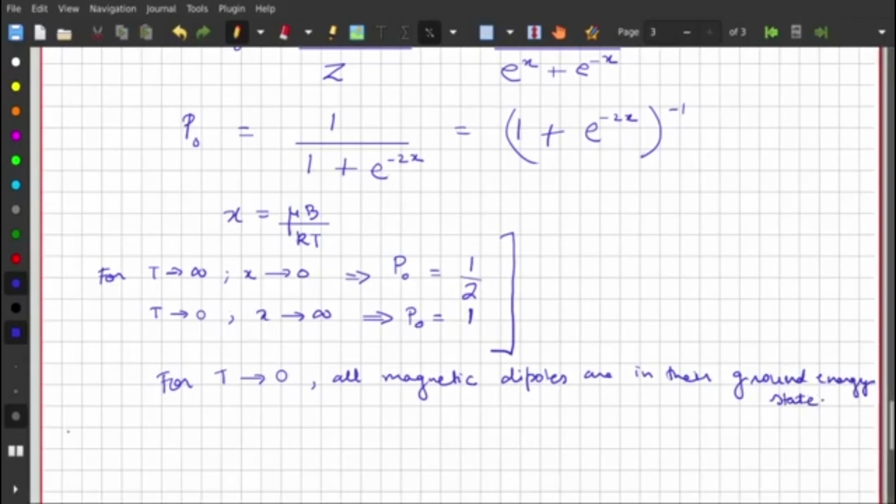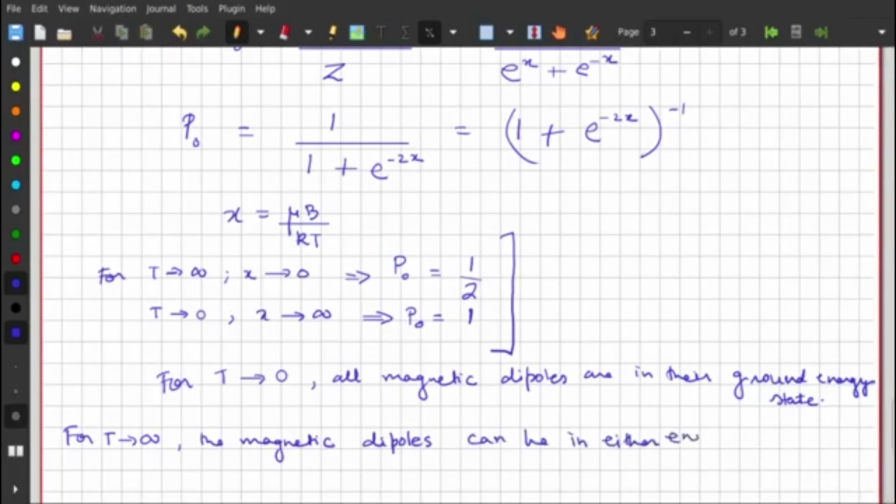And for very high temperature limit, that is for T tends to infinity, the magnetic dipoles can be in either energy state with equal probability. The probability that we computed was half, and since there were two states, the probability was half.